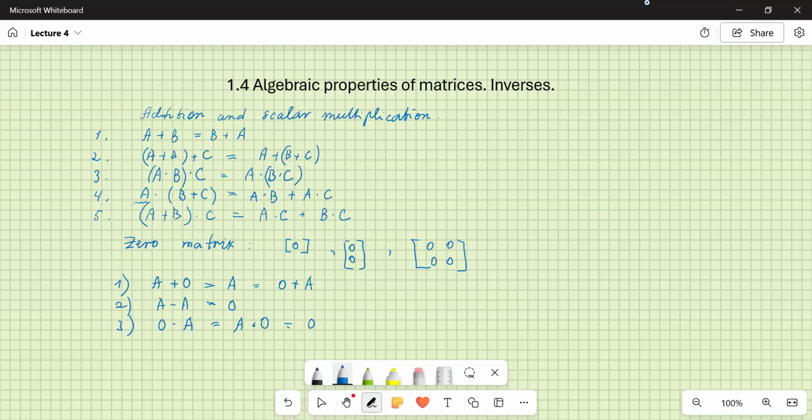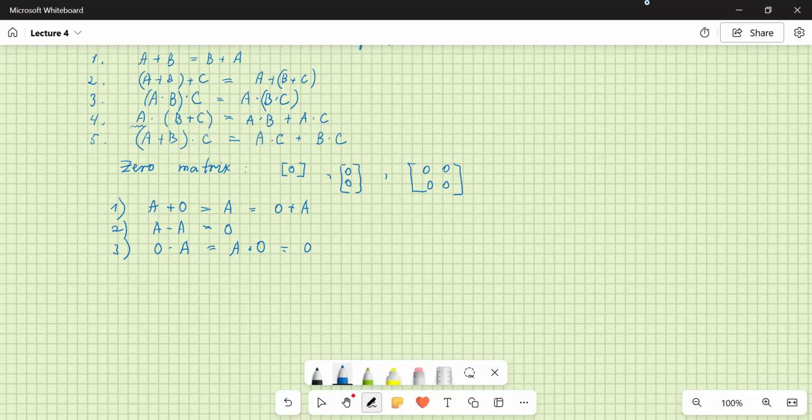This 0, again, is not just a number, it's a matrix, and probably this 0 matrix is not going to be similar to either this one or this one, because you remember multiplication actually changes the shape of the matrix. Of course, it's not always going to do it, because you can multiply two square matrices and eventually you are going to get another square matrix, which is going to have the same dimensions.